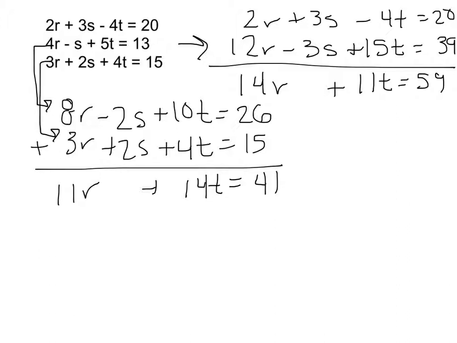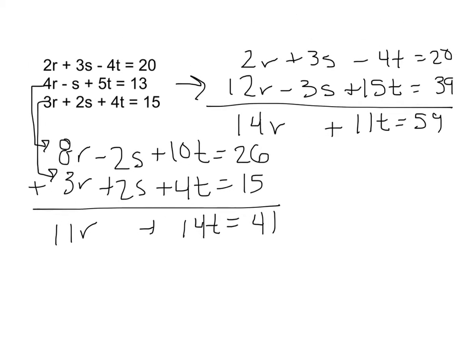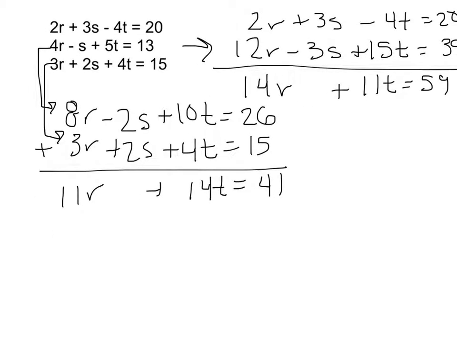So I'm going to use these two equations to eliminate another variable. I'm going to end up eliminating my r values. So I'm going to take this equation right here, and I'm going to multiply this equation by a negative 11.